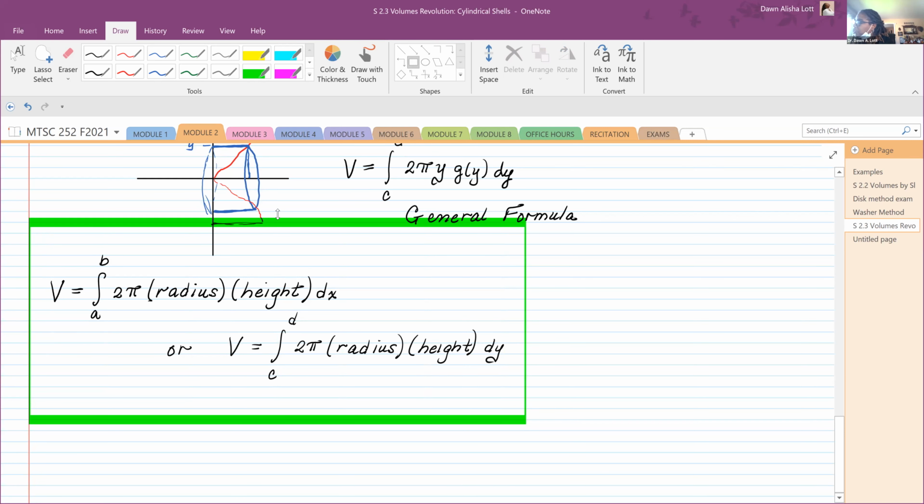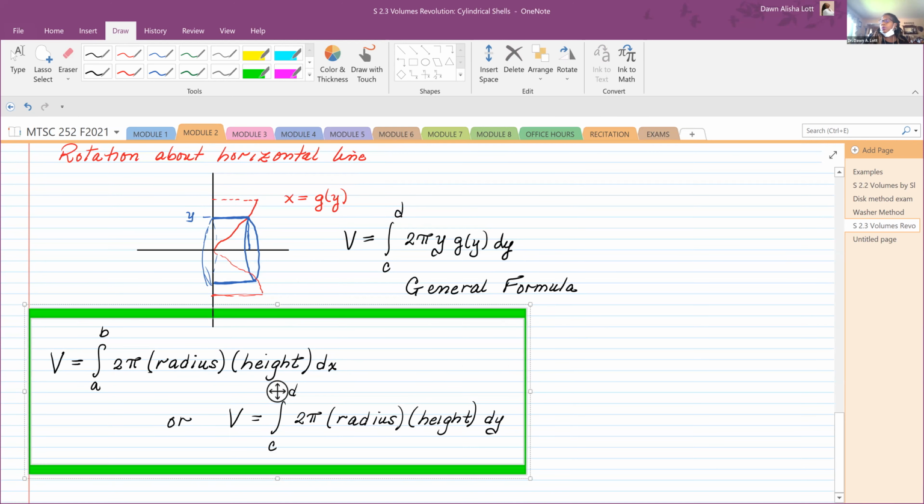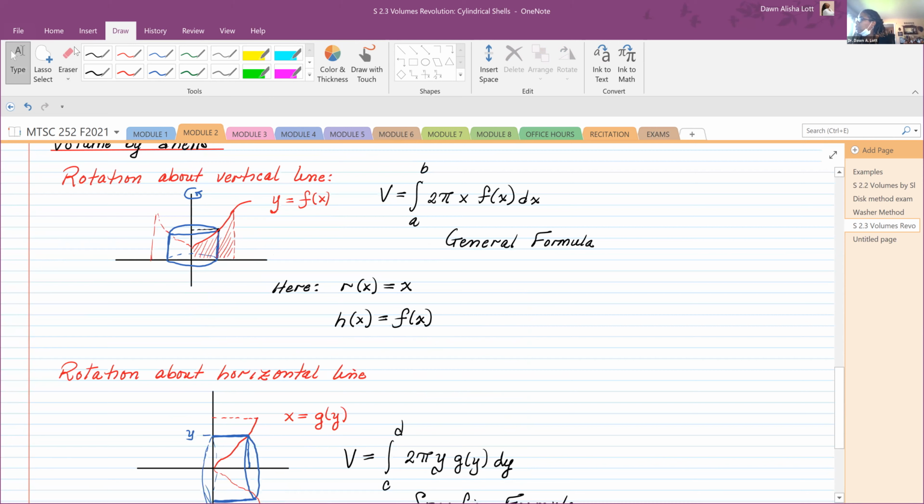Actually, this is really not a general formula, I should say. This is actually a specific formula. Let me go back and make this specific. The general formula is the one I put in green. So I'm going to call this specific because this formula is specific to certain problems. And I will show you what I mean right now.